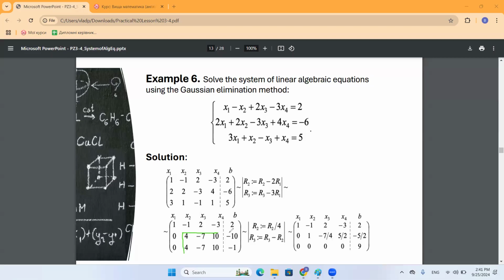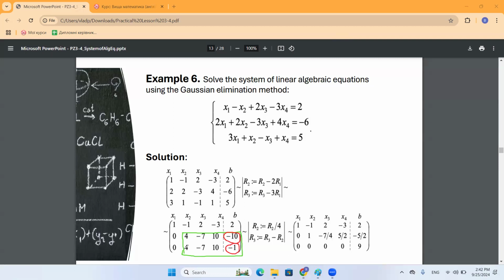So we see that these rows of coefficients before the variables are the same, but the free members are different.